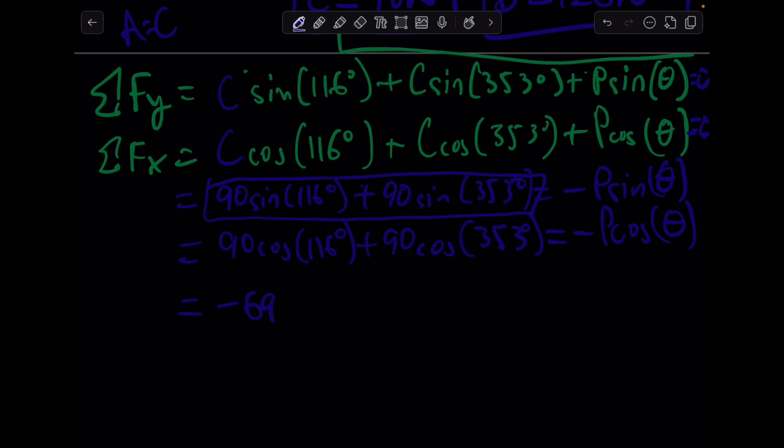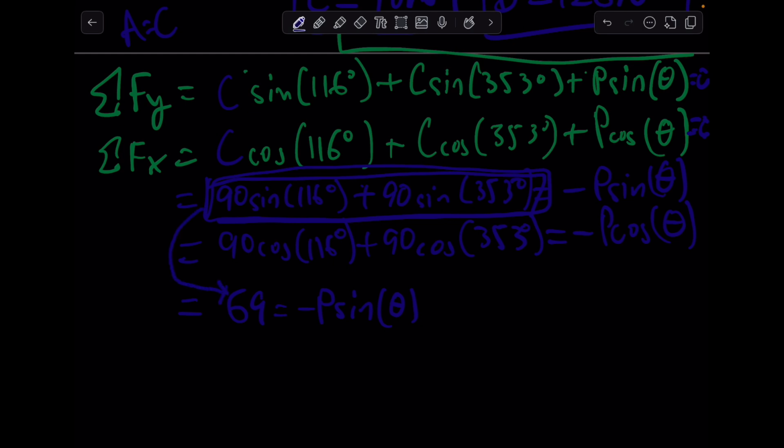I'm sorry, no negative, just 69. And that's going to be equal to negative P sine theta. All I did was input all this right here into a calculator, and that gave me 69, right?